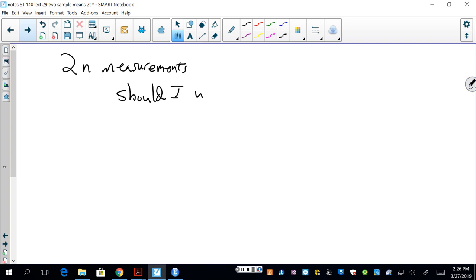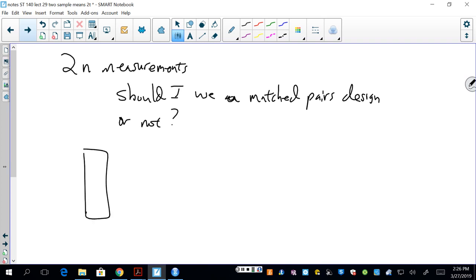Should I use a matched pairs design? Or not? If it's not, then you just have these two samples. One to N over here and one to N over here.